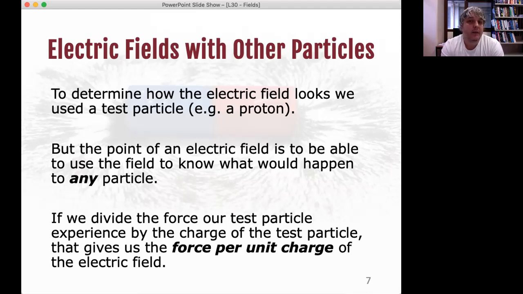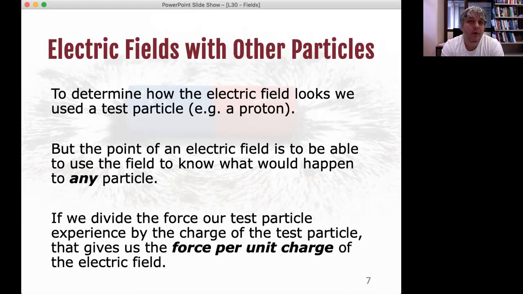And just like we saw with electric potential energy versus electric potential, we had this idea of dividing by the unit charge, right? Dividing by the amount of charge so that we get this generic term that can apply to any particle. And we do the same thing here. We take this electric field strength, right, the electric force from our test particle, and we divide it by the charge on that test particle.